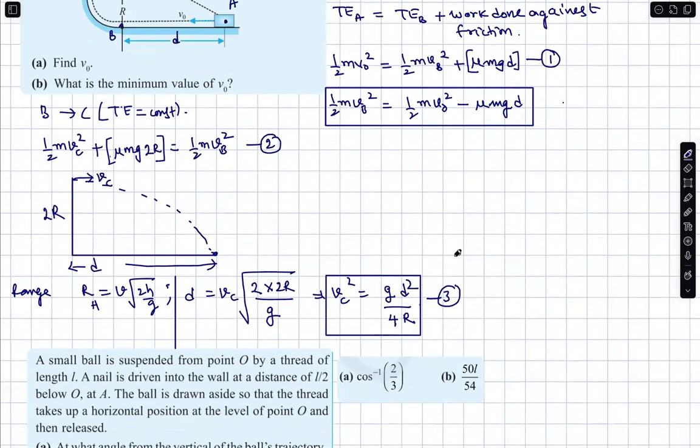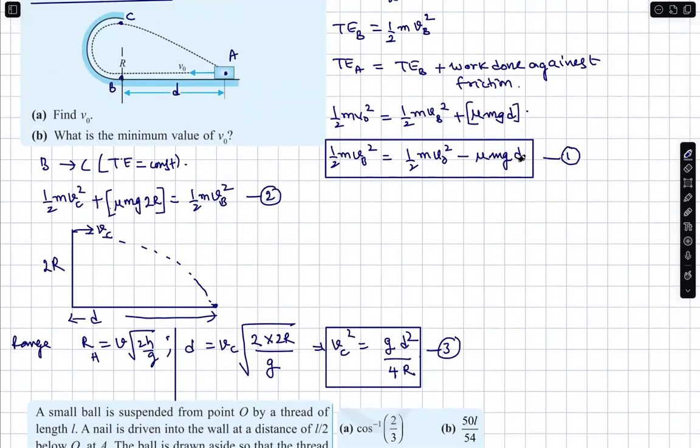Now let us link the question. You have v C square, you have v B square. Out of these 3 equations, you need to come out with your answer.